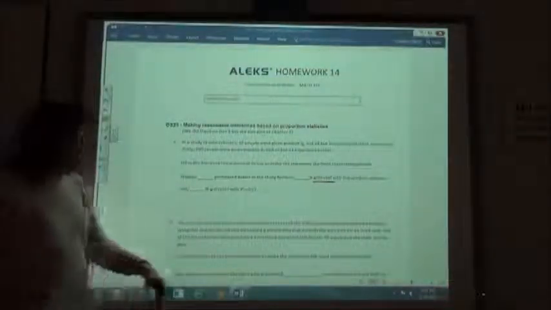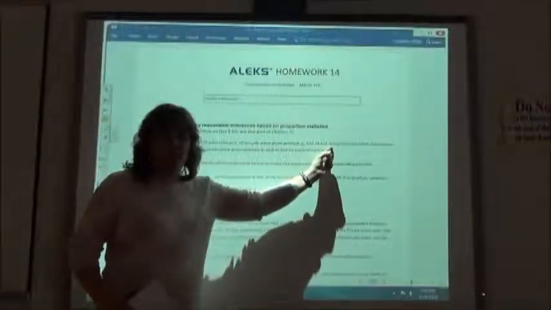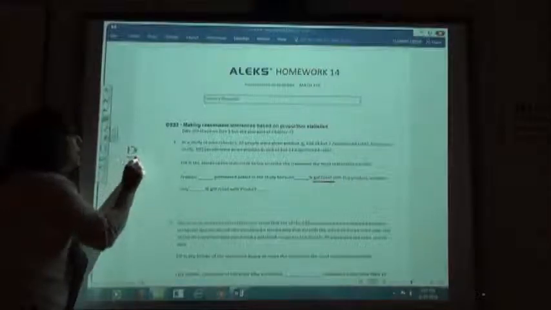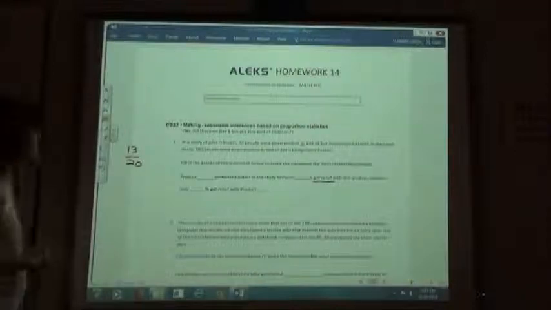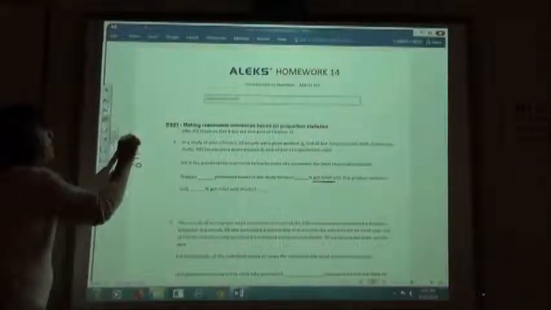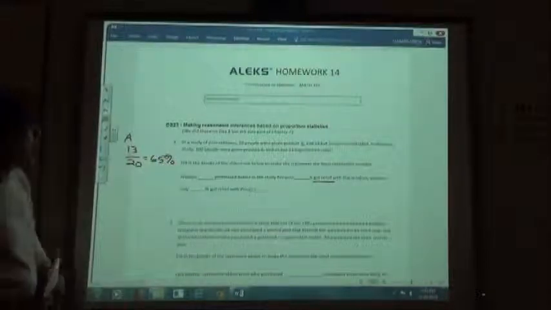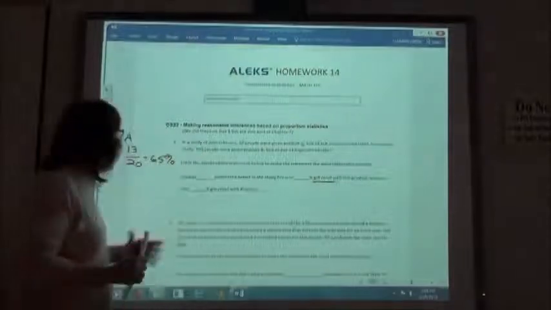So on product A, we had 20 people, all but 7 experienced relief. So we would know 13 out of 20 got relief, right? If you do 13 divided by 20, what percent is that? 65%. For product B, all but 21 experienced relief.